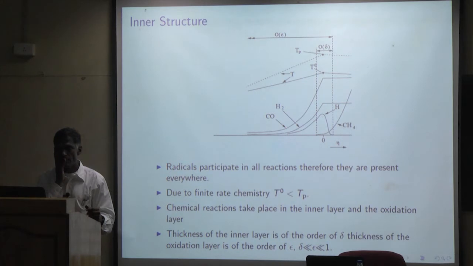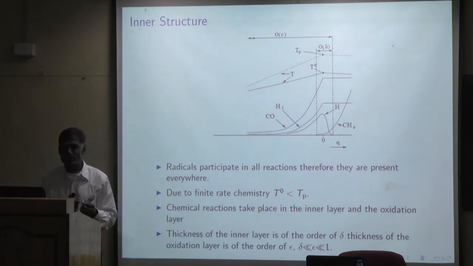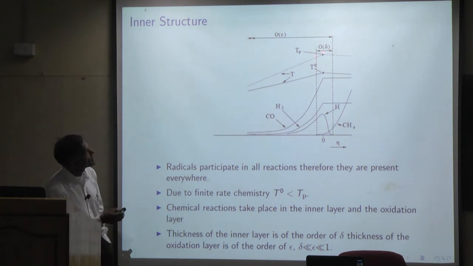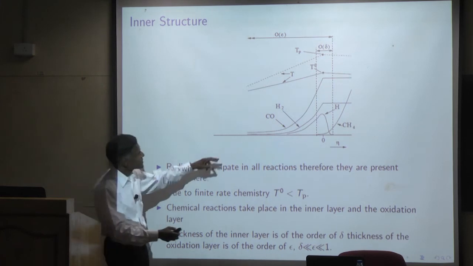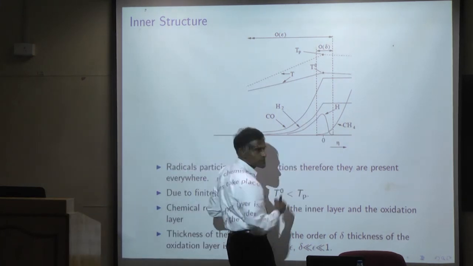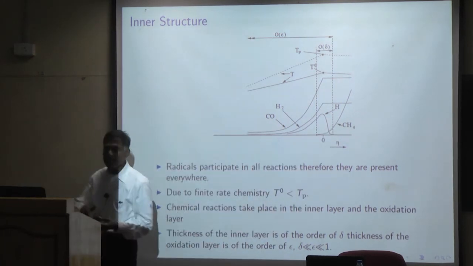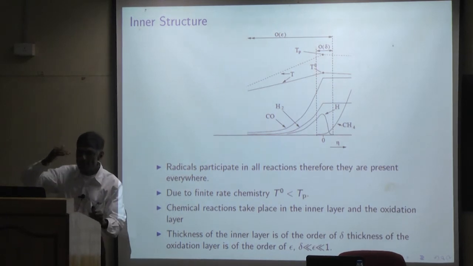How different is that temperature? It's of order epsilon. That's the mathematical answer. You see because the thickness of this layer is epsilon, correct? And so the decrease in temperature from the maximum temperature is of order epsilon. Okay, right?